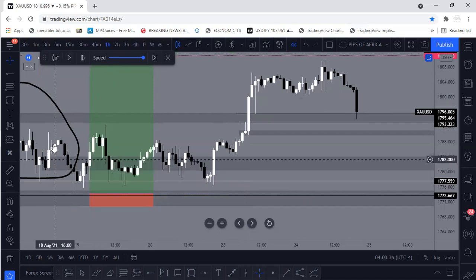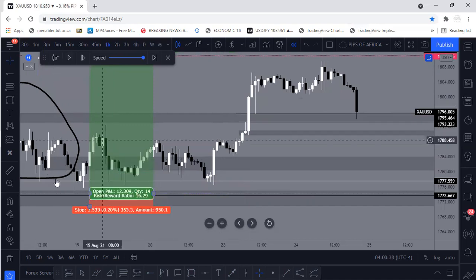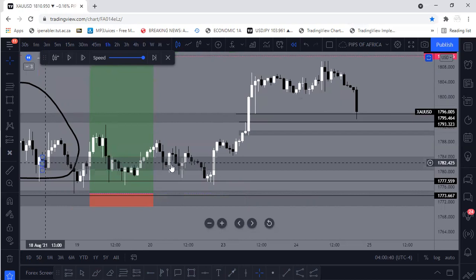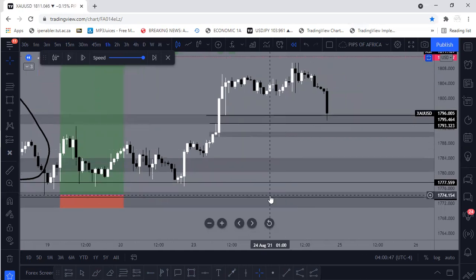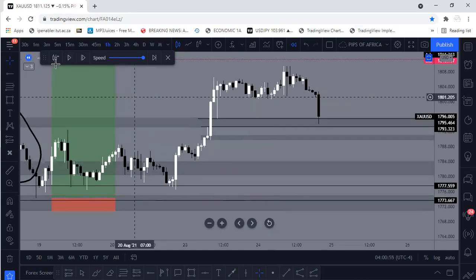The price kept on violating this sell to buy, this demand here. That is why I'm not deleting these areas. So it will not come on this one. It will choose between this one and this one and this one. It will choose between 1, 2, 3, right? Let's see.